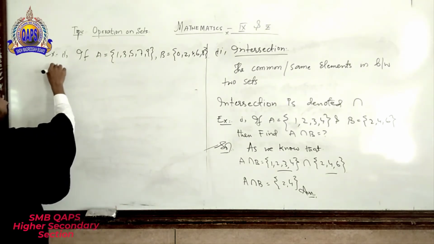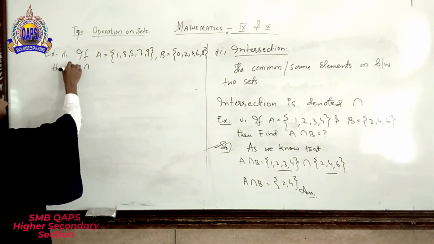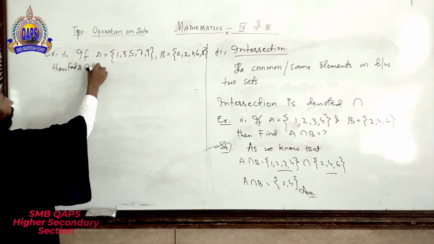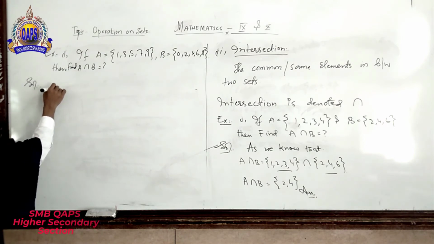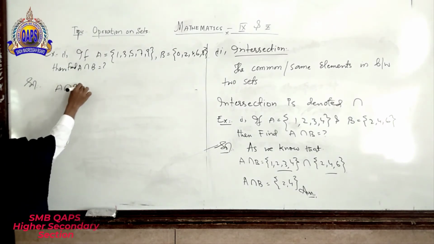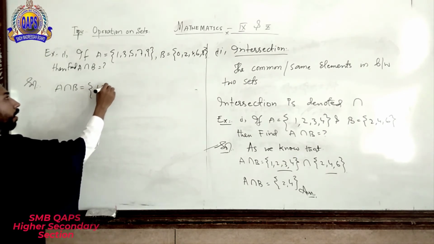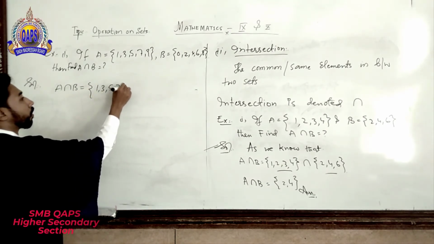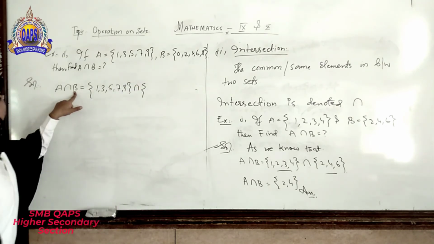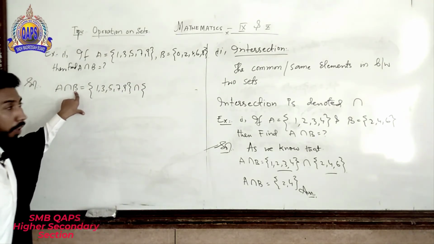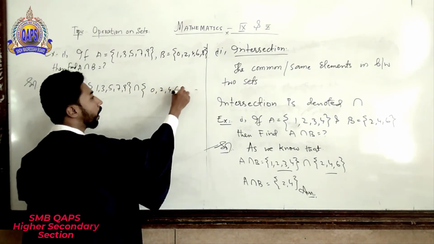Now we find A intersection B. Solution: A intersection B. First we write the elements of set A, then the symbol of intersection, then the elements of set B: 0, 2, 4, 6 and 8.